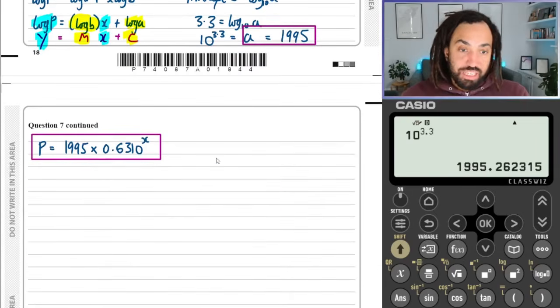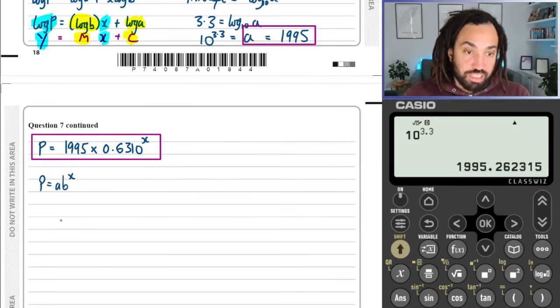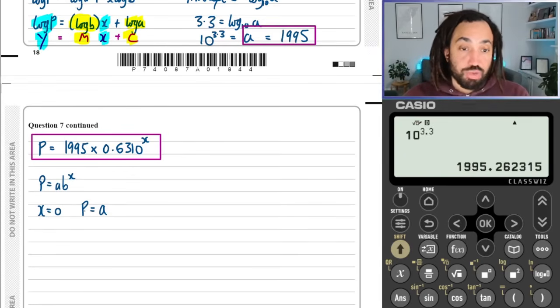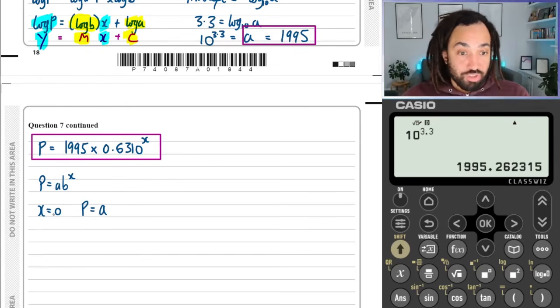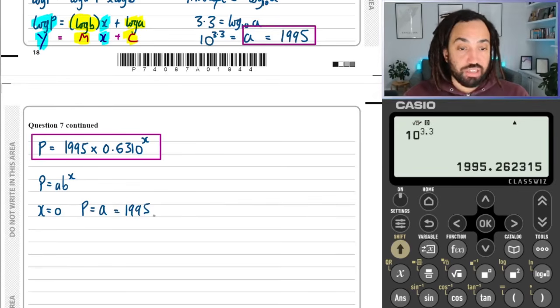So AB, so remember the formula is like this. When X equals 0, we just get P is equal to A, because B to the 0 is 1. So we get the amount of smoke when we are literally no kilometers away from the chimney will be this parts per million.